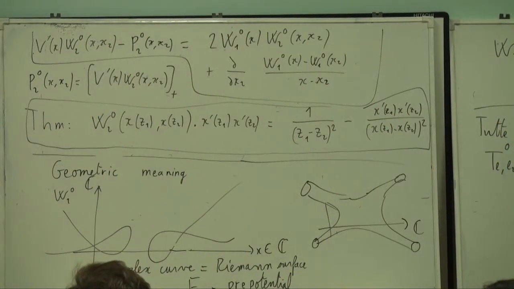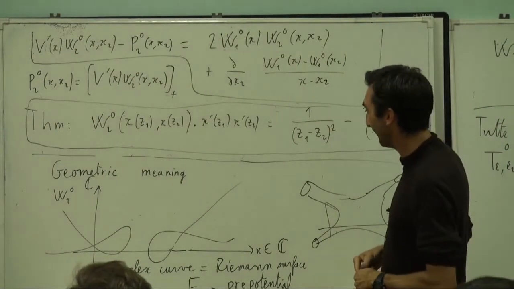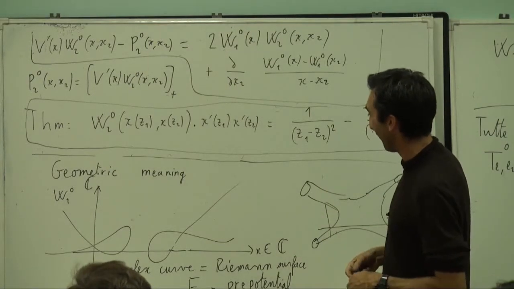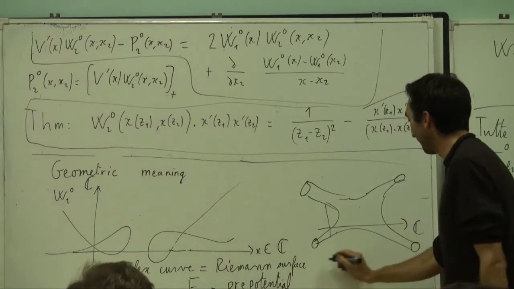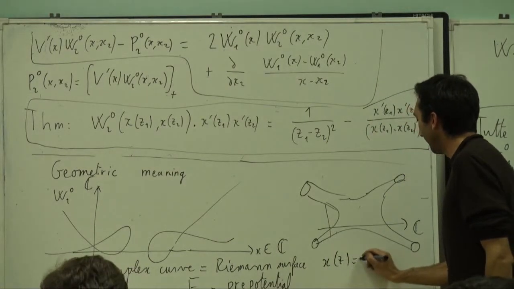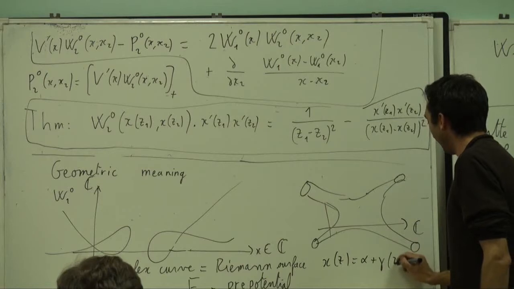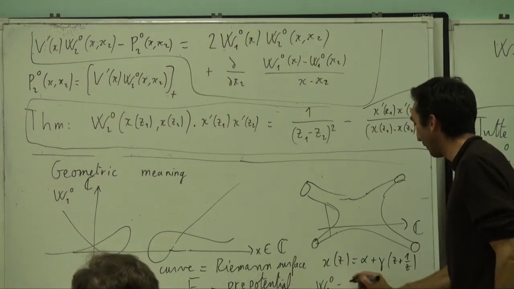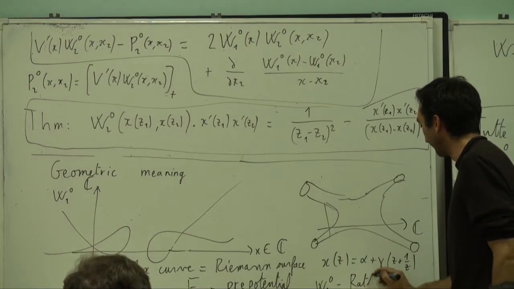And somehow z, what is z in geometrical terms? Remember that we had x of z equals alpha plus gamma times z plus 1 over z. And that W10 in the z variable was a rational function of z.